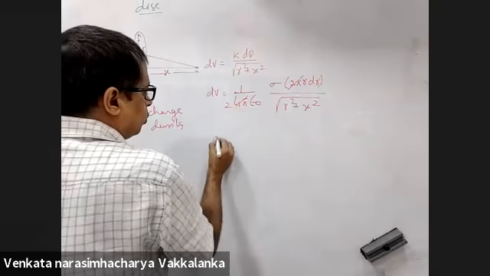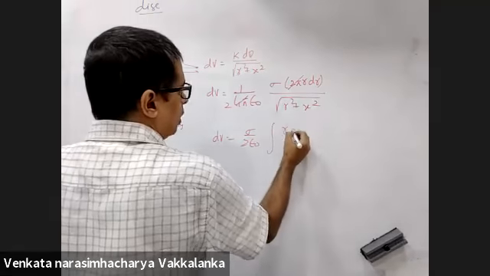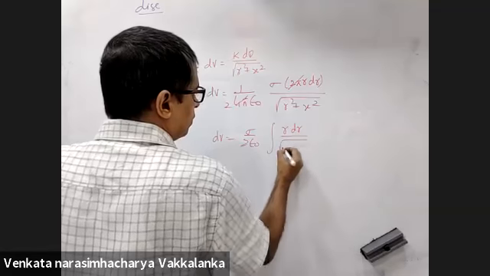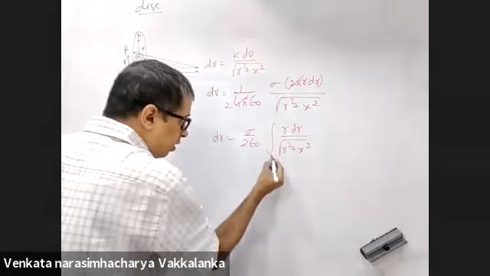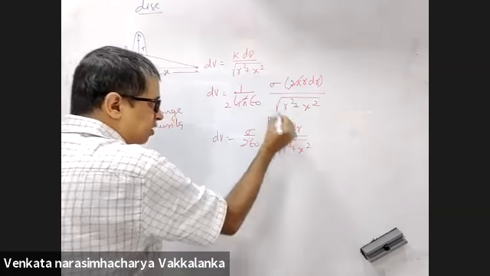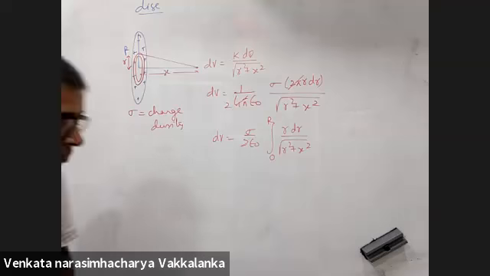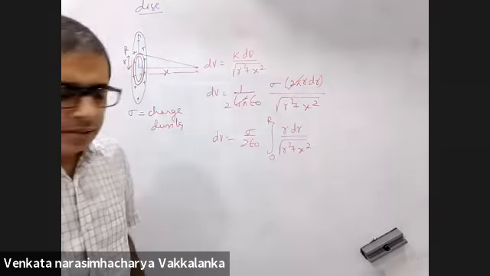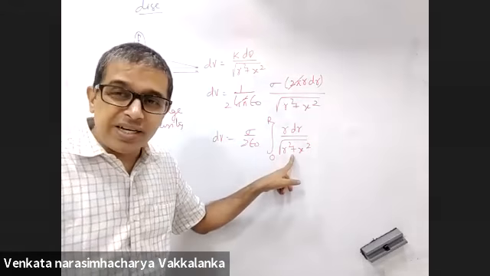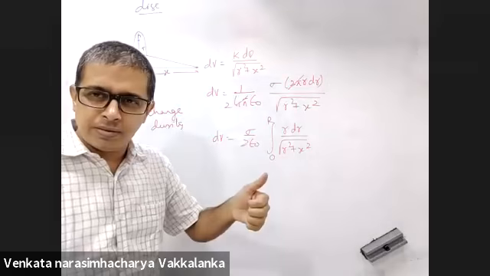The 2 will go: sigma by 2 epsilon naught, r dr over root over of r square plus x square. Least value of r is 0, maximum value of r is capital R. Is that okay with all? Yes, sir. How will you do this integration?